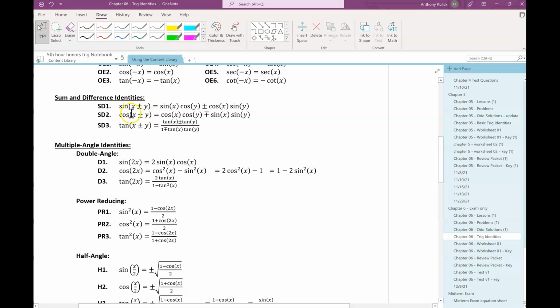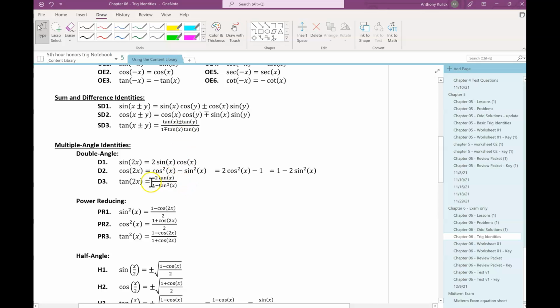I could use a sum identity where I can write 2 alpha as alpha plus alpha. Or I can just use the double angle. That seems like the better choice to me because it looks a little nicer. You know what I mean?